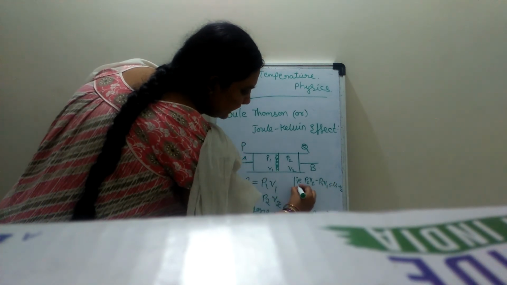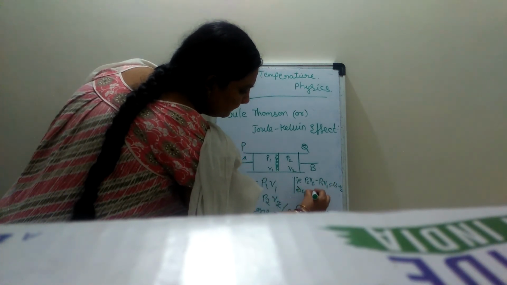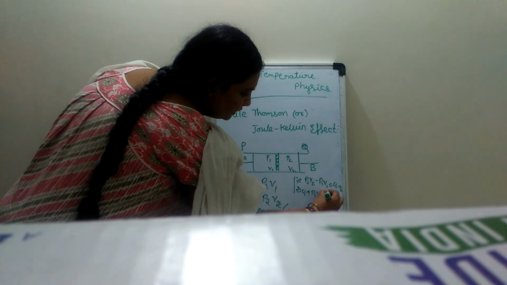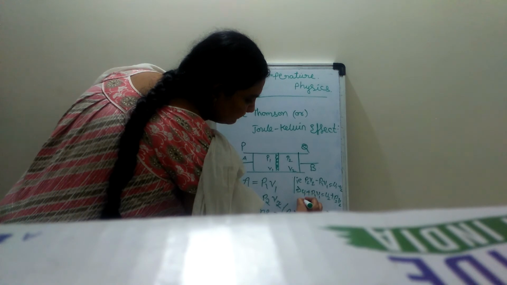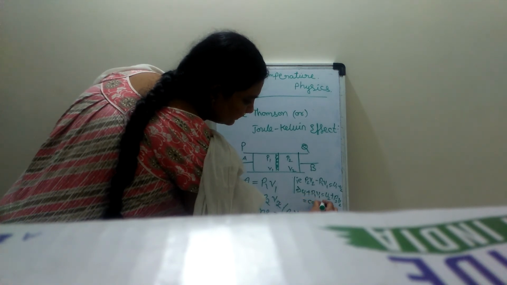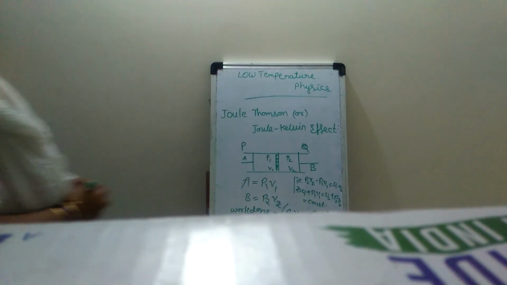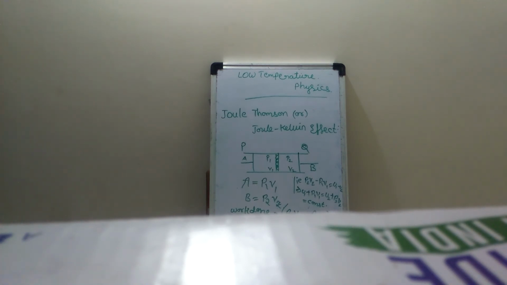This implies U1 plus P1 V1 equals U2 plus P2 V2. This is a constant. Now we have the Joule Thompson effect. The quantity U plus PV is enthalpy. Thus, in the Joule Thompson effect, the initial and final enthalpies are equal.